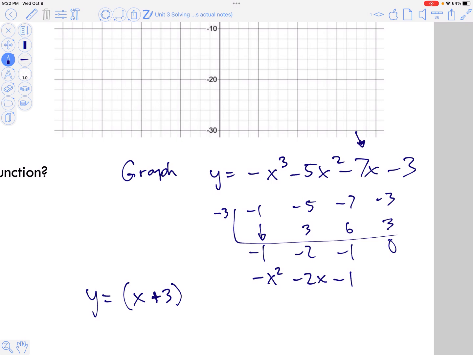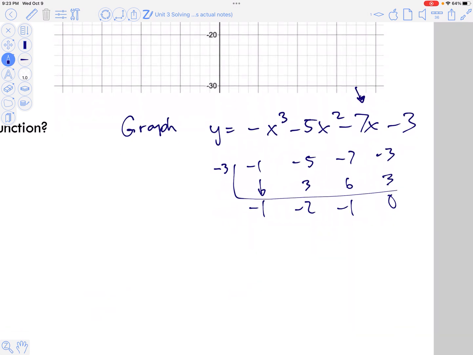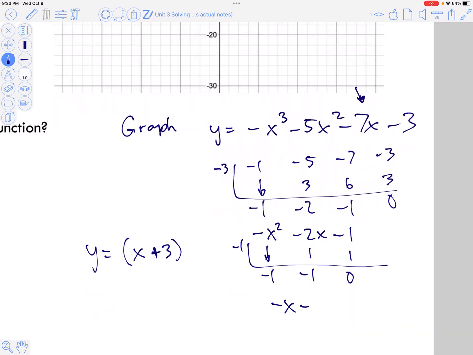I think -1 will work. Let's just give it a shot. So -1 times -1 is a +1. -2 plus 1 is a -1 as well, which is going to give me a +1. Yeah. So I have -x minus 1.